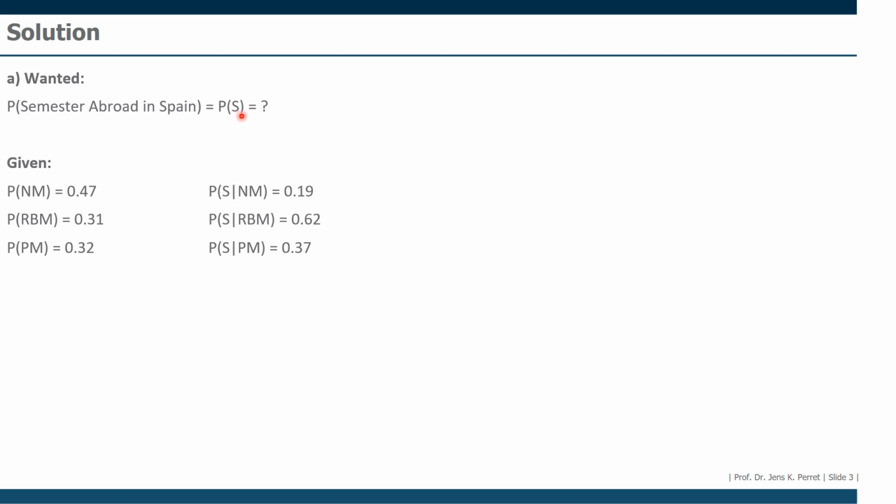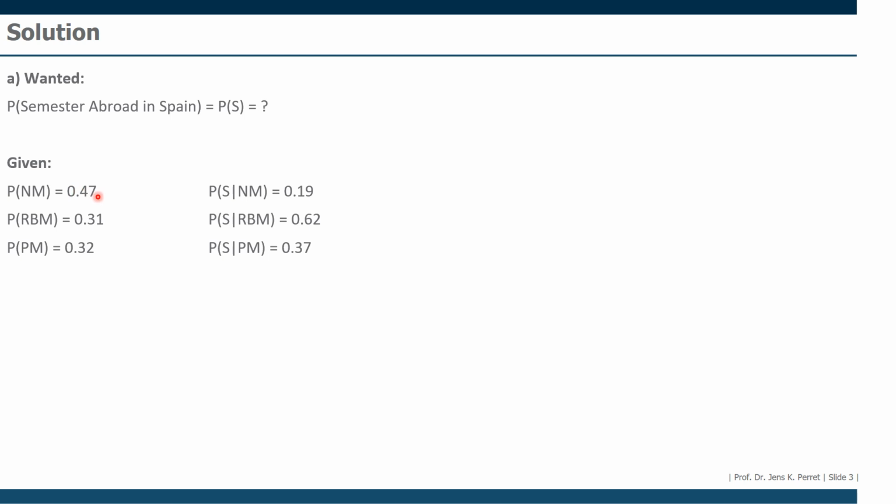So we do not have this total probability, but we have the conditional probabilities, and this conditional distribution adds up to 1. And since we can also assume that every student studies in only one study program, the different study programs are disjoint, meaning the probabilities add up to 100% exactly.